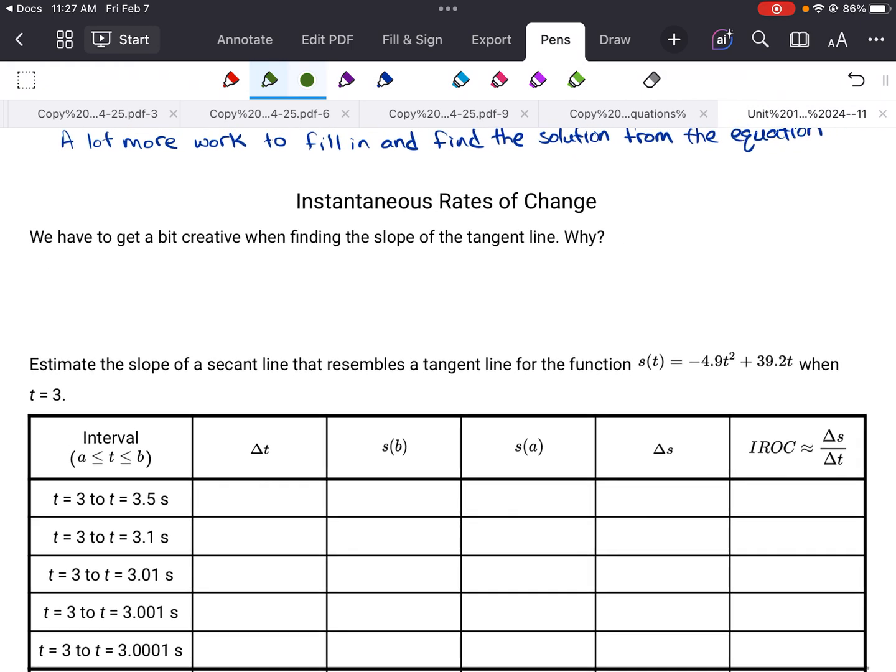Okay, instantaneous rate of change. We have to get a bit creative when finding the slope of the tangent line. Why?